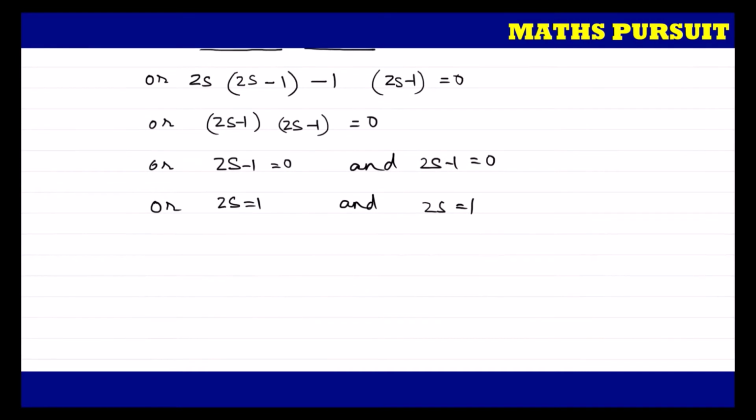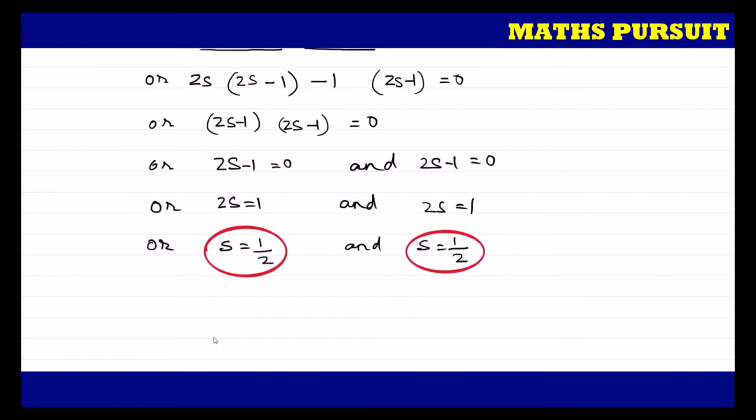This is very simple and straightforward, but I am moving slowly and step by step so that all of us can understand. So s is equal to 1 upon 2 and s is equal to 1 upon 2. We got the two values of s: one is 1 upon 2 and the other is also 1 upon 2.